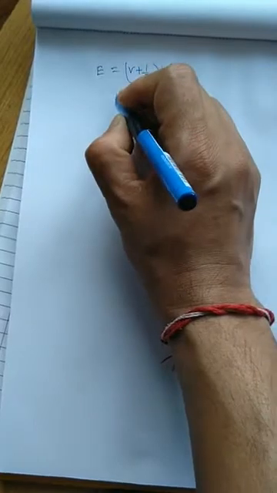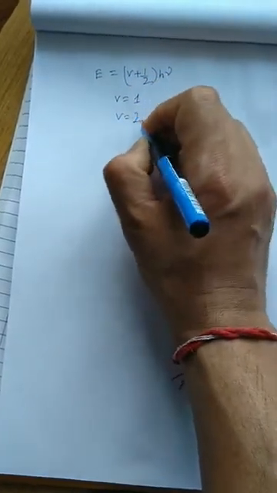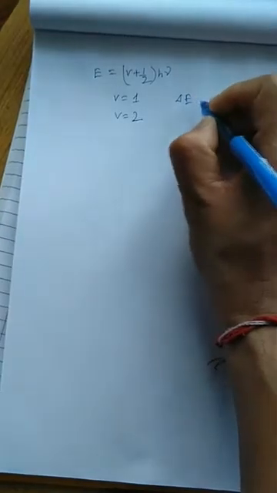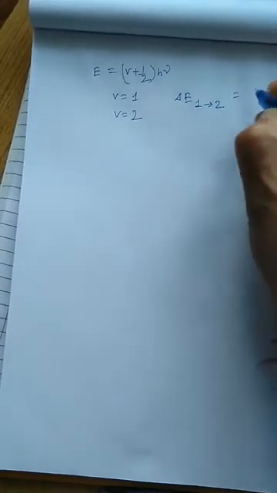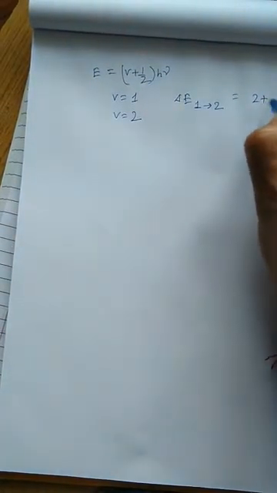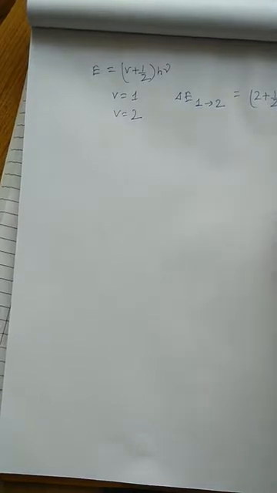If v equals 1 and the successive level v equals 2, then what is delta E for the transition from level 1 to 2? It is (2 plus half) h nu minus (1 plus half) h nu.